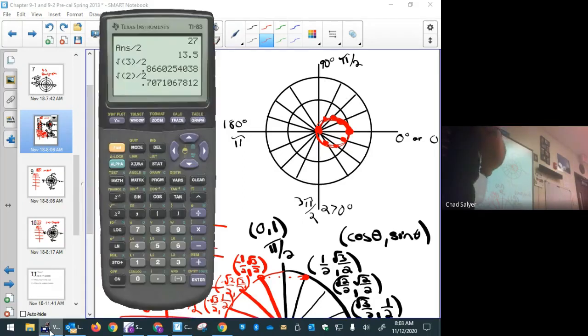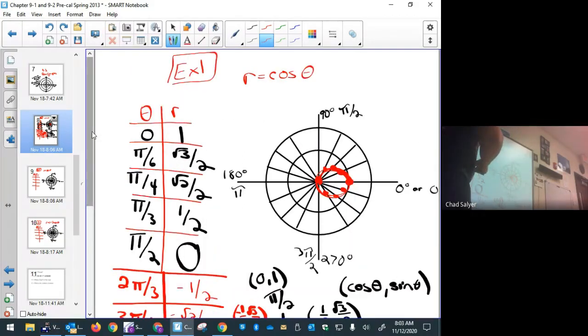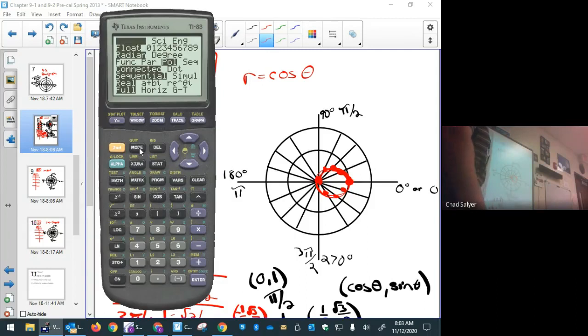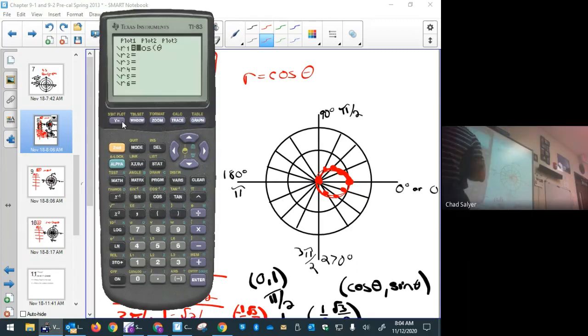So if I use the calculator to do this, I go to y equals, clear this out, put in cosine theta. Now remember, our mode needs to be polar for the function, and our angle input needs to be in radians. So make sure both those things are true. And we have to set the window up carefully.